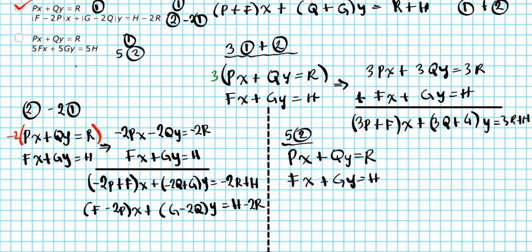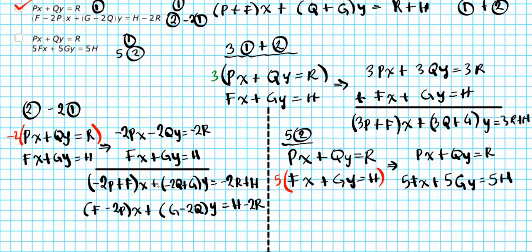Now this setup involves multiplying the second equation by 5. So if we multiply the second equation by 5, what do we get? Do we get exactly what we have here? So px plus qy equals r, and then 5 times f of x plus, remember, you have to distribute it to every single term, 5 times g of y equals 5h. Oh, exactly what we have here.